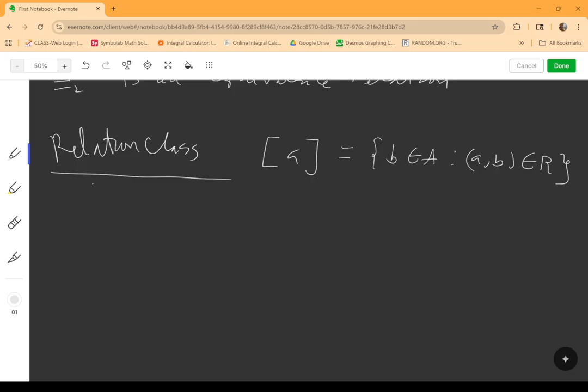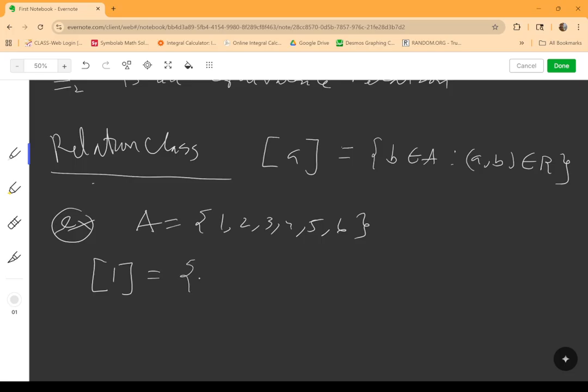For example, when we did the multiples example, we defined our set A to be the numbers 1, 2, 3, 4, 5, and 6. The class of 1 would be all the ordered pairs where the second number was 1. In that case, the only multiple of 1 was 1. For 2, the only multiples of 2 were 1 and 2.